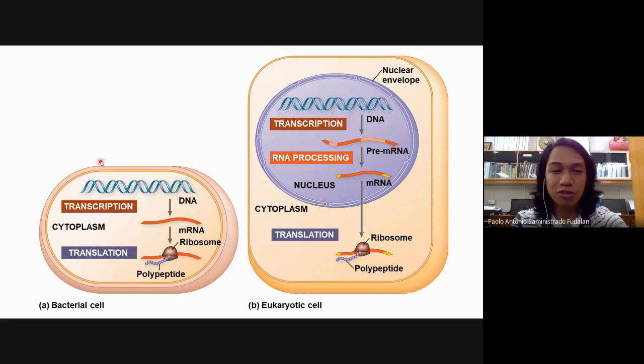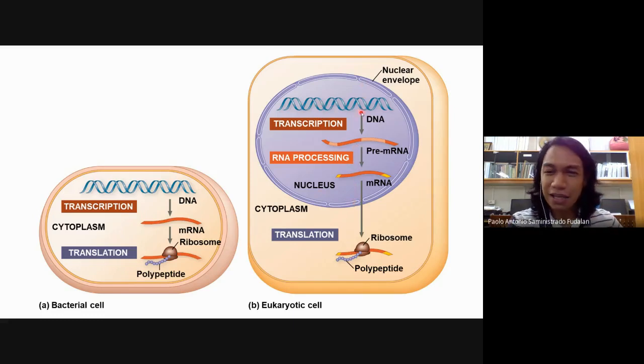Since prokaryotes don't have nuclei, their DNA is just floating in their cytoplasm, and the transcription can happen in the cytoplasm together with the translation. While our focus in this lecture is for eukaryotes, wherein the DNA is transcribed inside the nucleus, and it's the messenger RNA that gets out of the nucleus, and it's the one that's being translated using ribosomes to form polypeptides. So this is the model for eukaryotes.